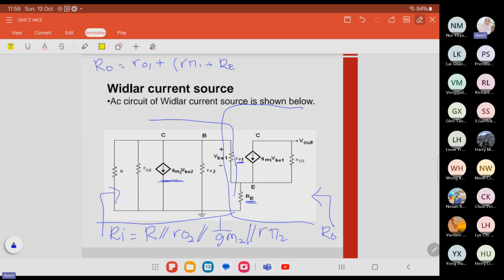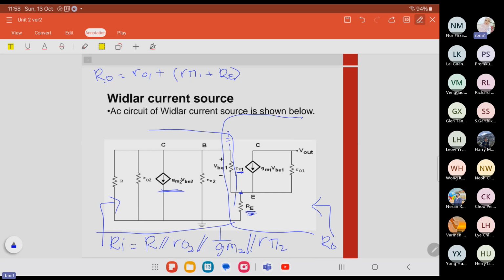We consider these two as parallel because, if we want to get the output resistance, we consider this as connected to the ground. So this one is connected to the same node from here and goes to the ground, and the same goes with the RE. So R pi 1 is parallel with the RE, multiplied with 1 plus gm times r naught 1.